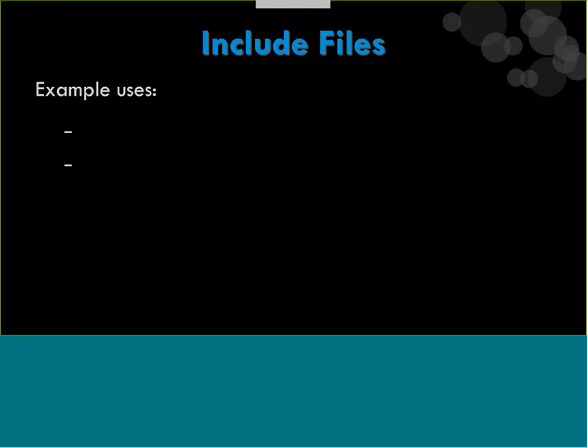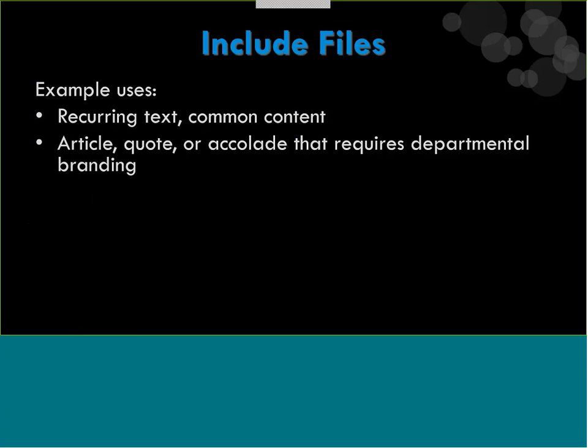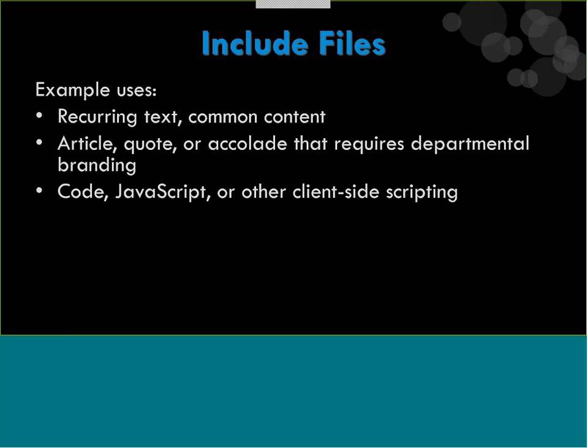Some example uses of include files, some similar to assets, would be recurring text or common content, something with departmental branding like an article or quote or other accolade, and code such as JavaScript or other client-side scripting. You could use them for image galleries or comments, just like you can for assets, but the difference is these are not going to be processed by the XSL engine.